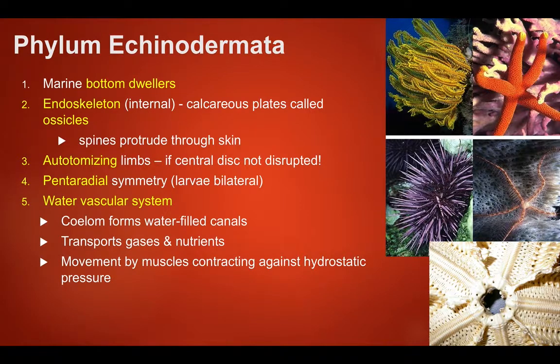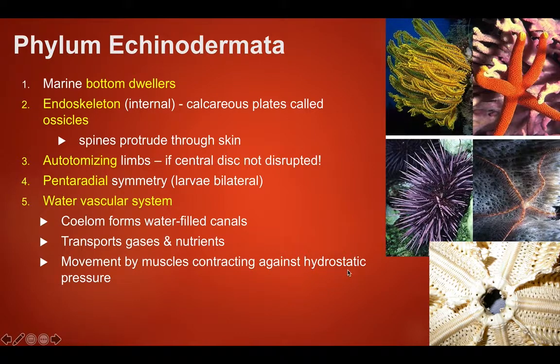They have a complex system that can be used for things like movement, and this is called the water vascular system. The water vascular system, the coelom forms water-filled canals. It can be used to help transport gases and nutrients for the organism, and it can help with movement by muscles contracting against a hydrostatic pressure.